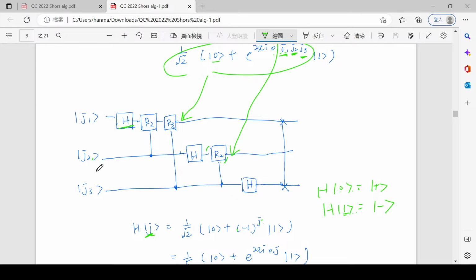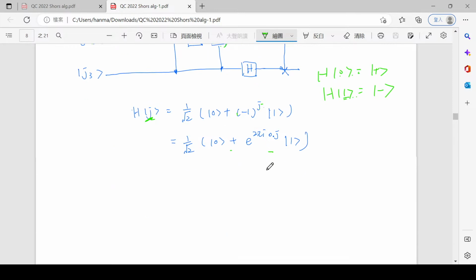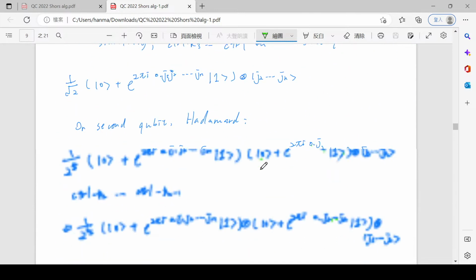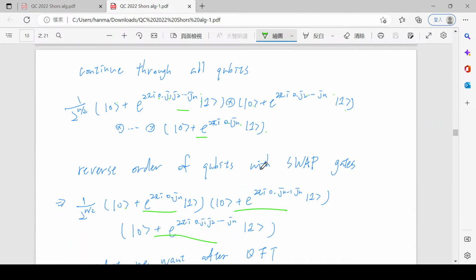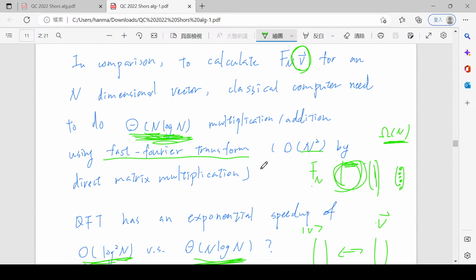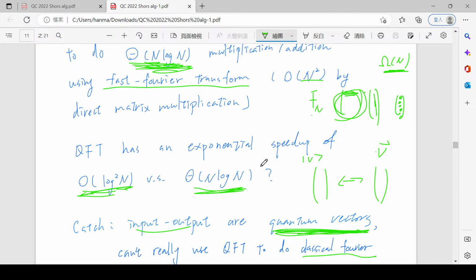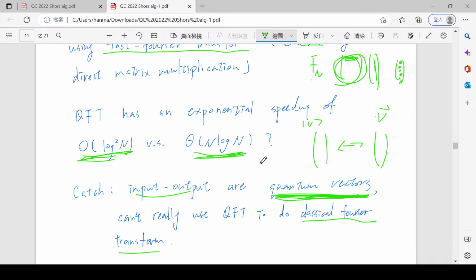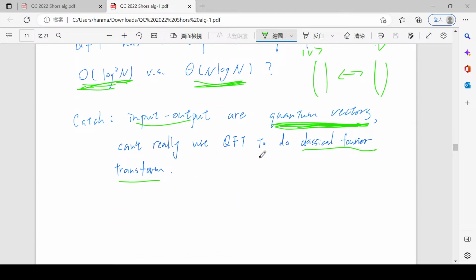This requires order n squared gates to do the quantum Fourier transform, and it's much faster compared to the classical Fourier transform, but it actually does the quantum Fourier transform instead of the classical Fourier transform. So it's a bit incomparable, but still it's very useful.